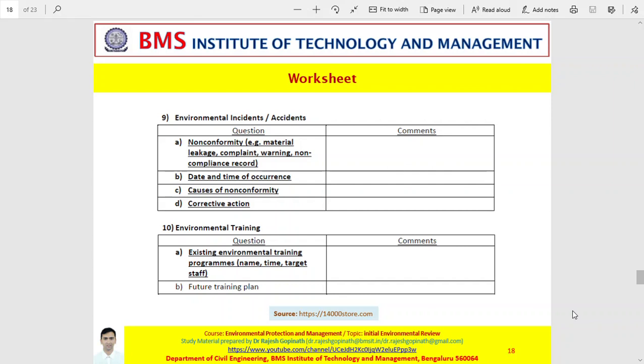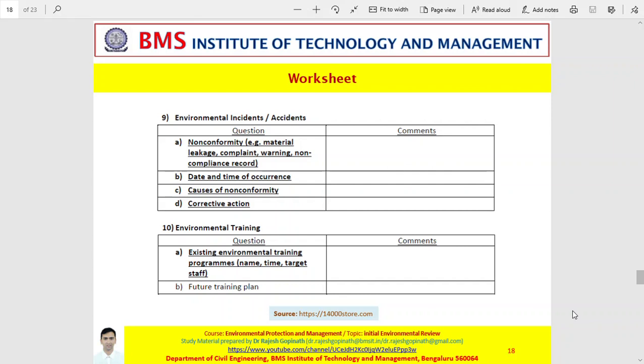So here data has to be provided with respect to what all training programs have been conducted, and what is due to be conducted, and the information will be with respect to the title of the program, the theme of the program, nature of the program, date, time, and who all have participated and whom all is this training meant for.